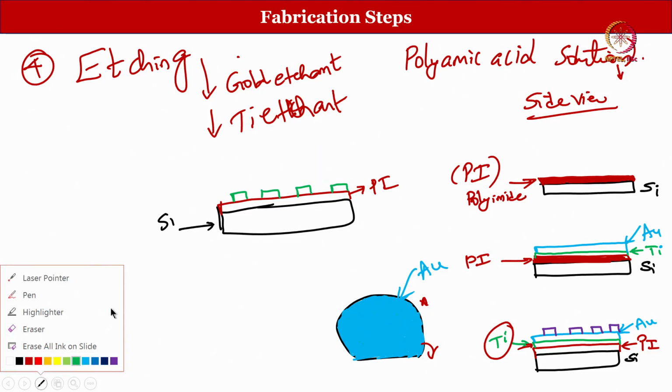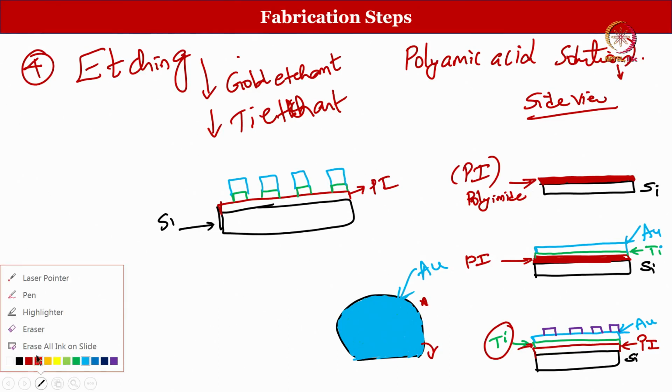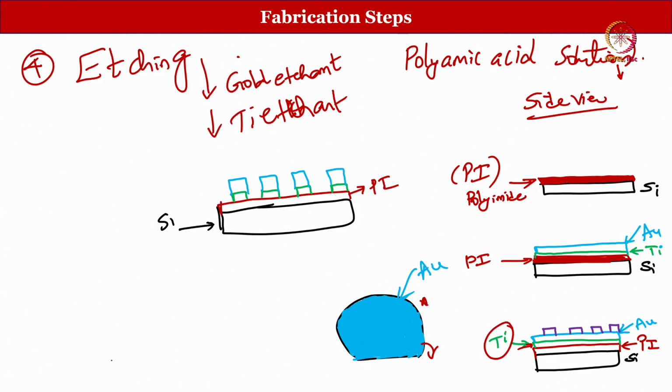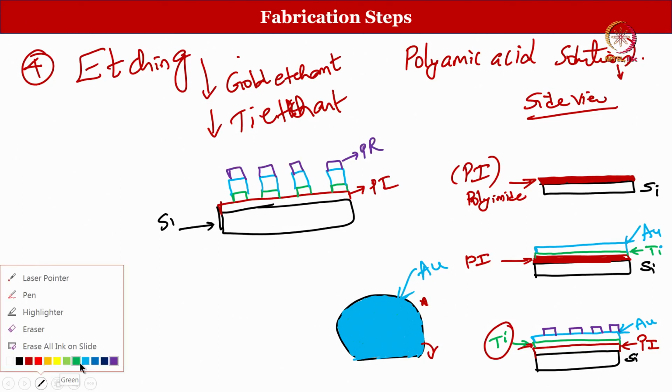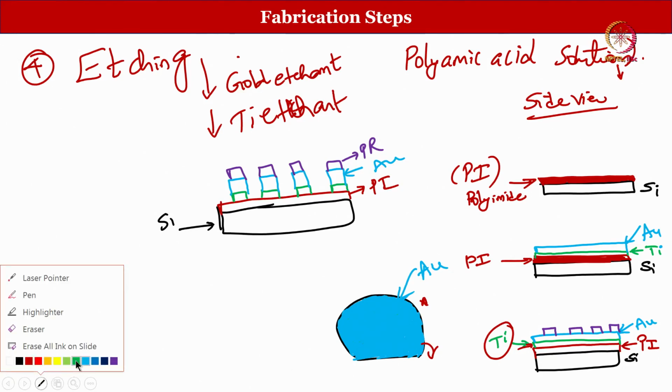Then you have gold on top of that. Then what else is there, photoresist we have not removed, no? This is photoresist, right. This is PR, PR stands for photoresist. This is gold, then this is titanium, right.